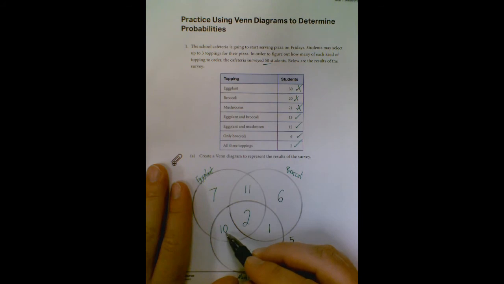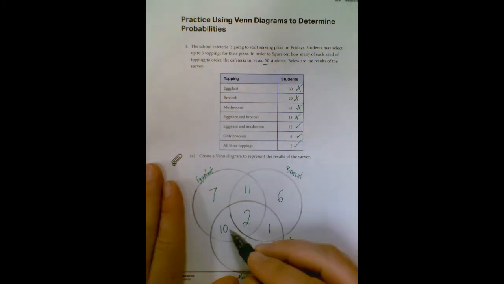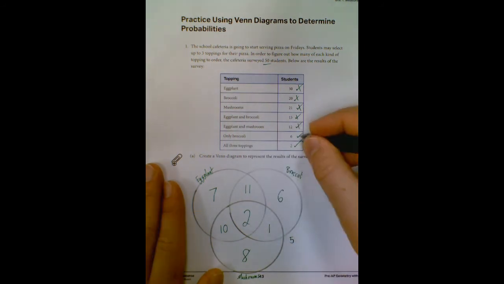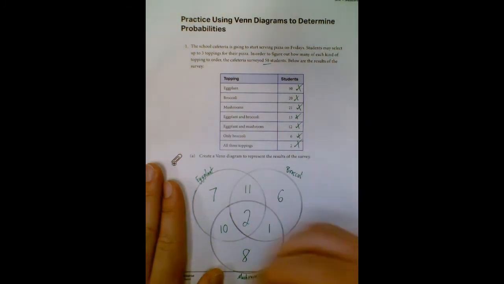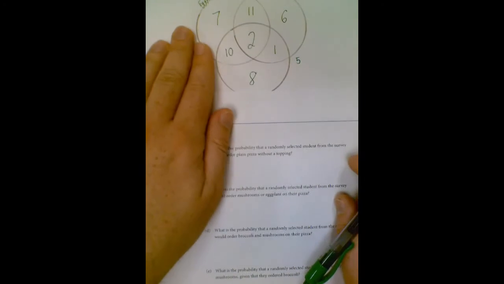Eggplant and broccoli, 10, that's up here. 11 and 2 is 13. Eggplant and mushroom is 10 and 2, which is 12. Only broccoli is 6. All 3 toppings is 2. Since it meets all of my criteria, that's what I'm looking for. Now, we're going to use that Venn diagram then to finish up this part of the worksheet.